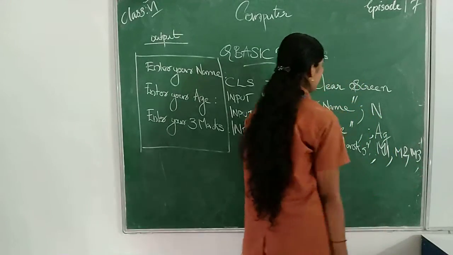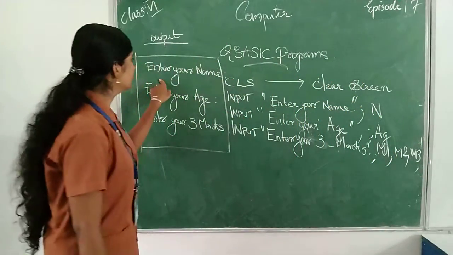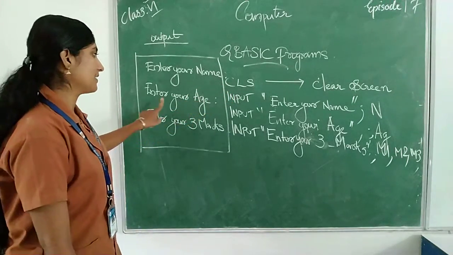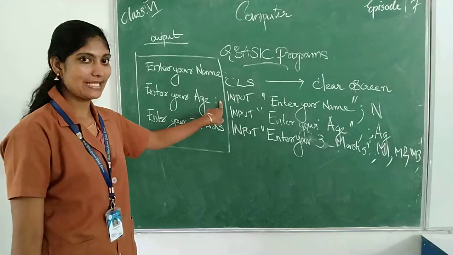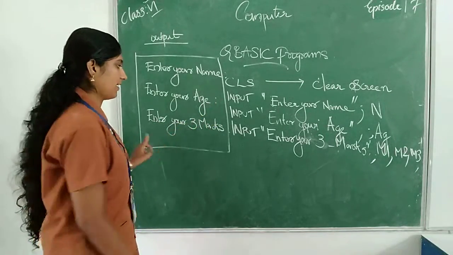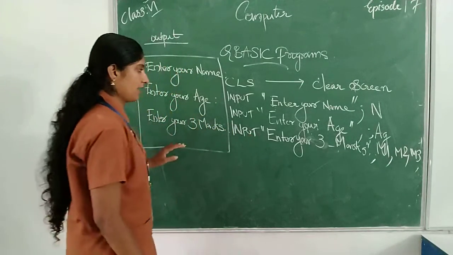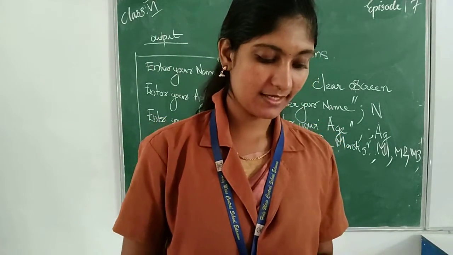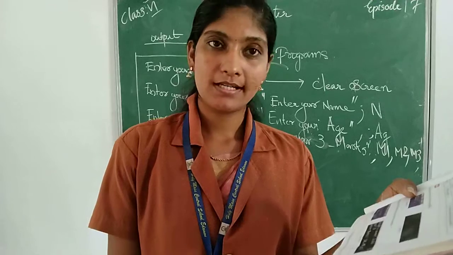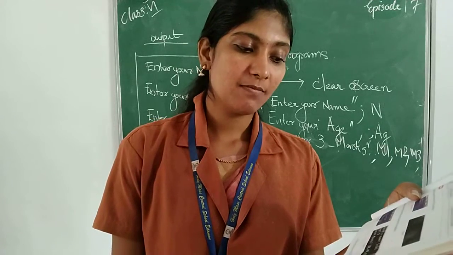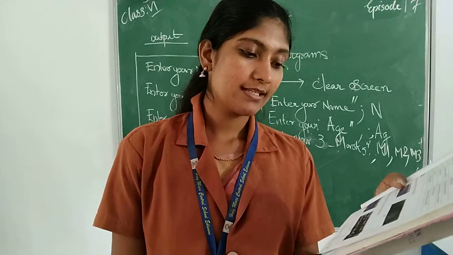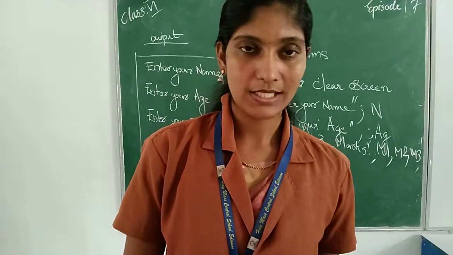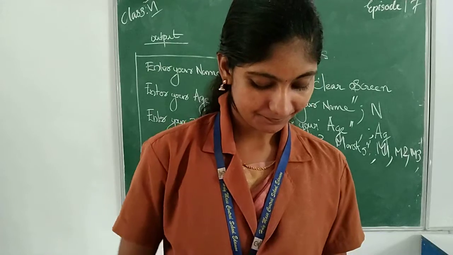So the output should be like this: Enter your name, you can enter the name here; enter your age, you can write the age here; and enter the marks, you can write the marks of 3 subjects here. Look at the example on page number 61. CLS for clear the screen, enter a name, Ishi, enter age 8, marks 50, 48 and 43.